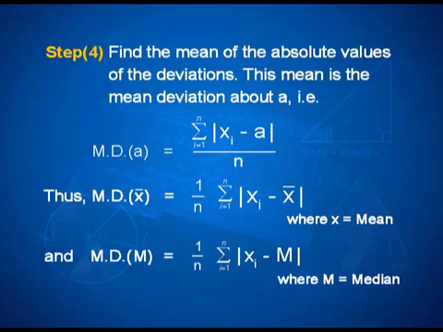Thus, MD(x bar) is equal to 1 upon n summation i varying from 1 to n of |xi minus x bar|, where x bar is the mean, and MD(M) is equal to 1 upon n summation i ranging from 1 to n of |xi minus M|, where M is the median. In this episode, we shall use the symbol M to denote median. Let us now illustrate the steps of the method in the following example.